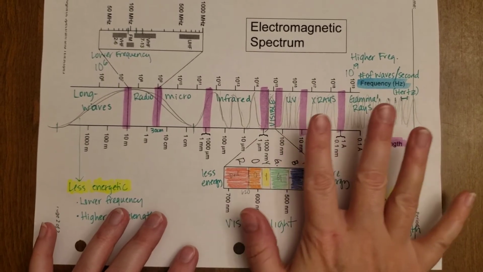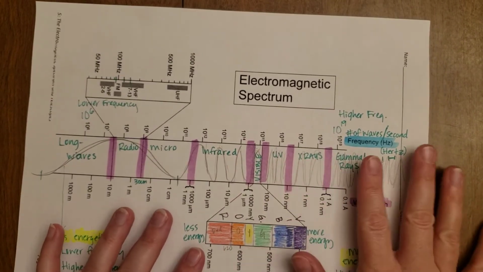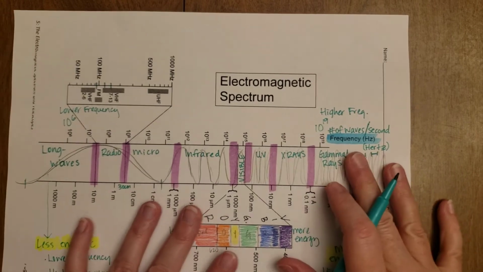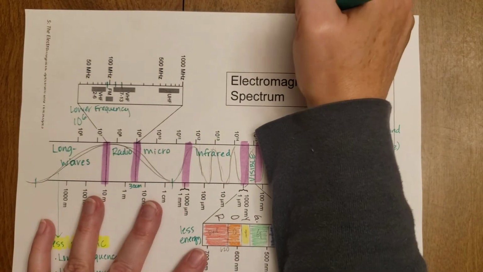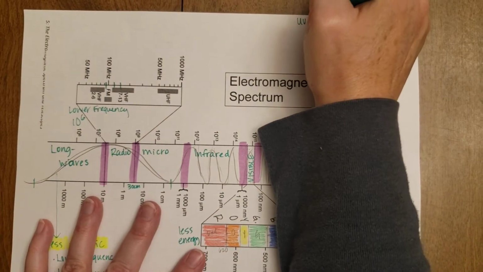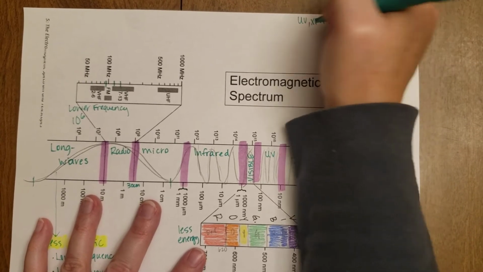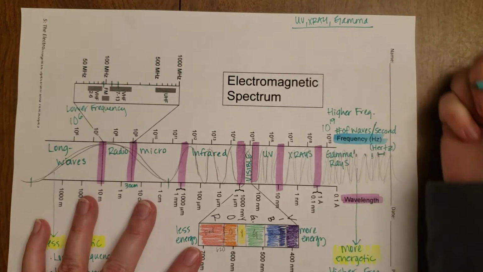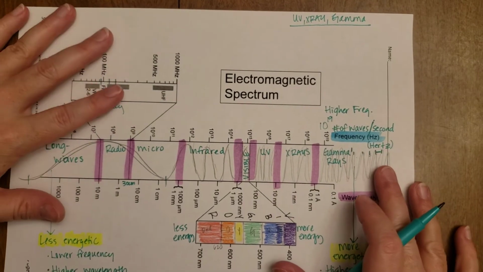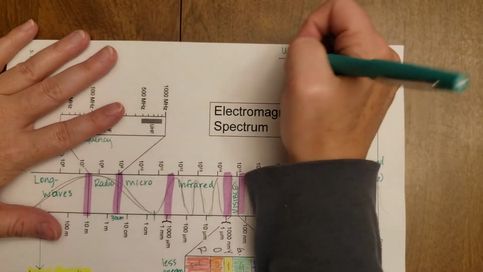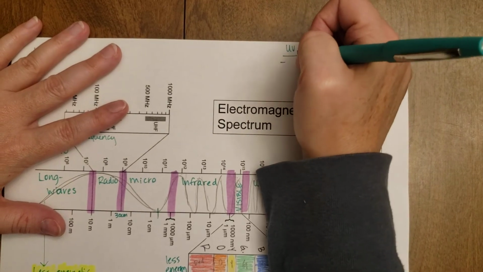All right. So let's move up to the top. Take a quick note on UV, X-rays, and gamma rays. The reason we put sunscreen on when we go outside is because any of those rays or waves will kill living tissue.